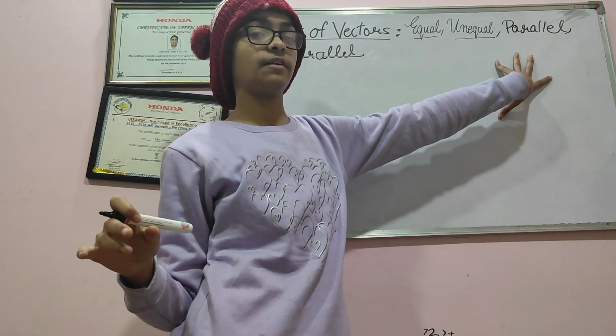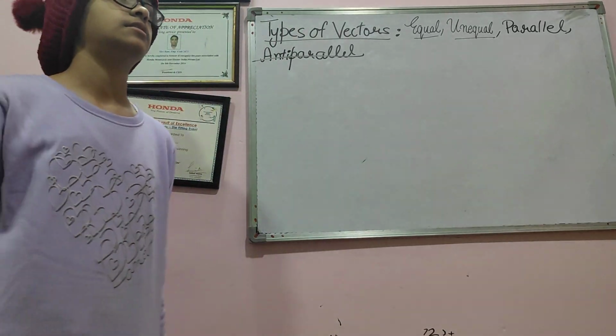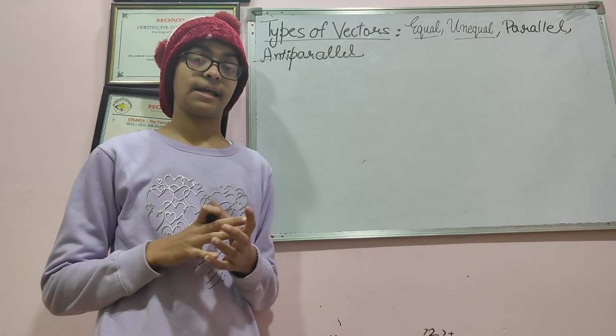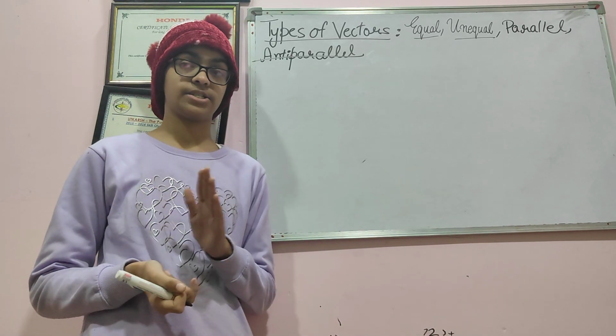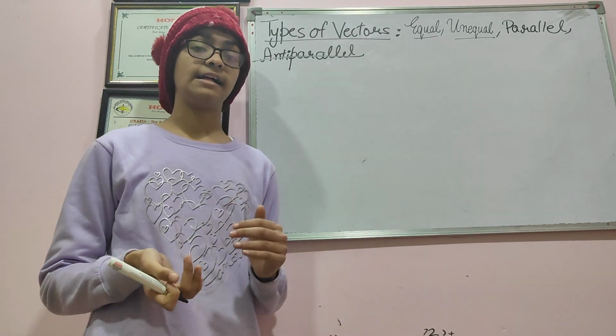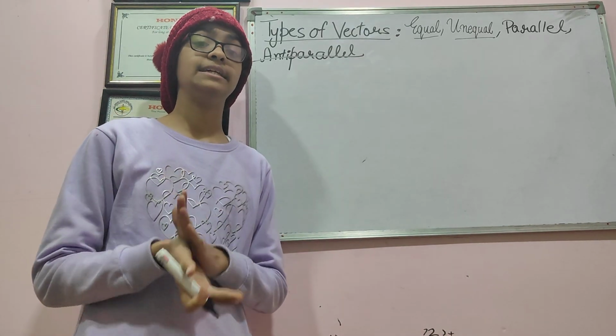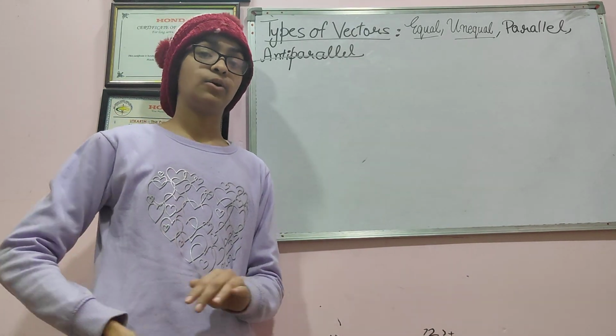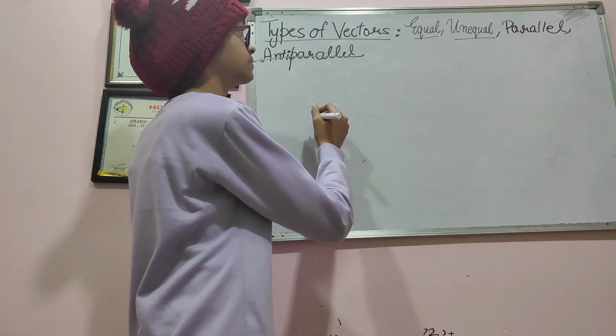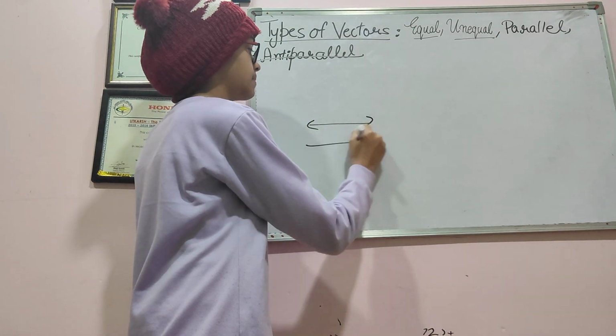Parallel, I think you have learned already in class 5th or 4th. We have learned parallel and intersecting lines. So parallel are the lines that never intersect or coincide with each other, and they go in a straight line forever. These lines are parallel.